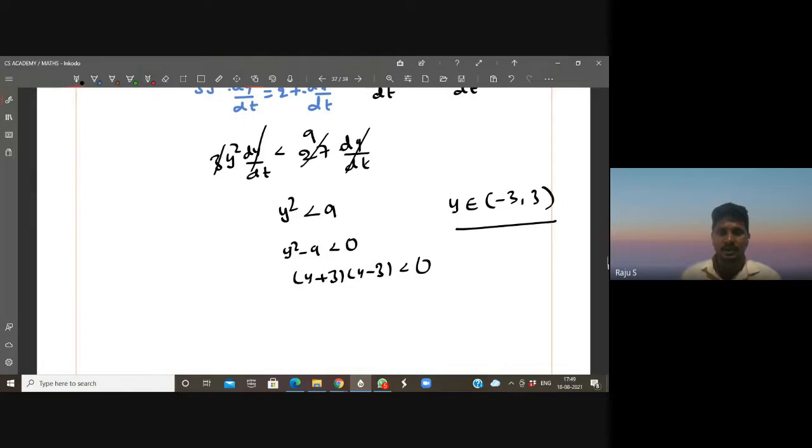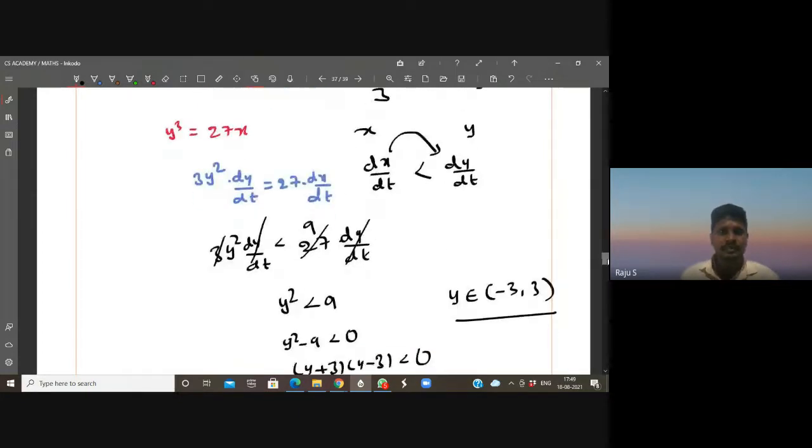Then what about the x values? You can substitute the y values plus 3 and minus 3. Minus 3 cube is minus 27, which cancels, x is equal to minus 1. So finally x belongs to minus 1 to 1.